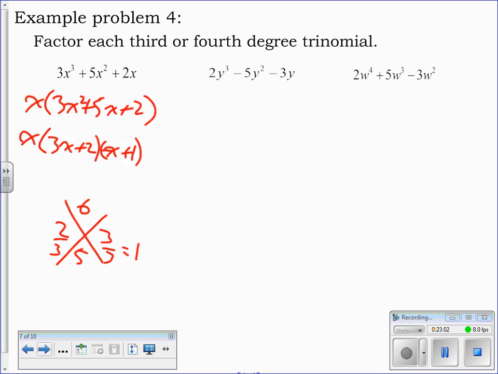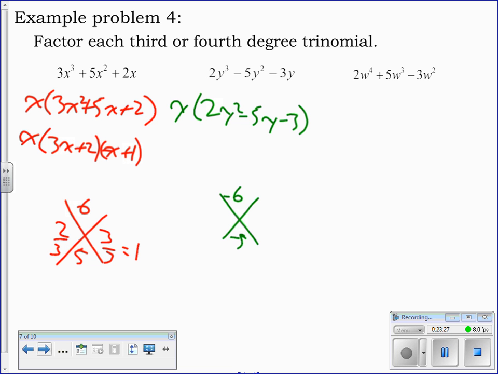Next one. What's my first step? Pull out the y. So I get y times 2y squared minus 5y minus 3. A little different. Two numbers that multiply to give me negative 6 that add to give me negative 5.